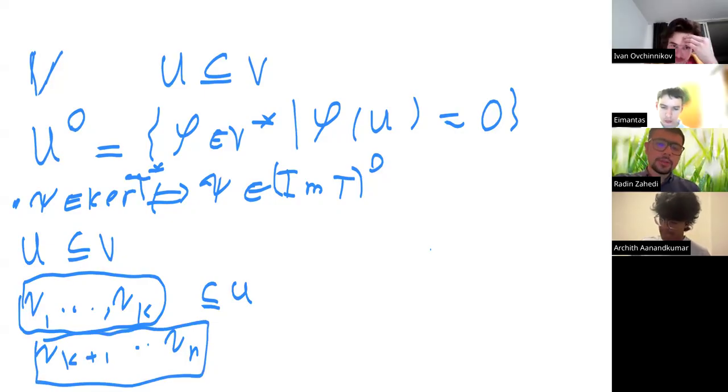Okay. So now again, we consider the dual basis, because why not?